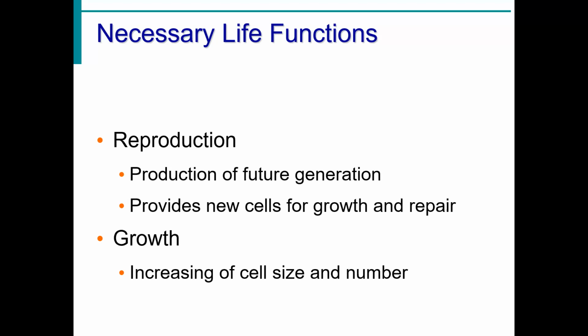So not too long ago, we looked at these processes of reproduction. We looked at how our bodies generate new cells through cell division. We talked about the cell cycle. So we're producing new cells because we understand that our cells do not have an infinite lifespan. And so our bodies must have the capability to produce new cells for continued growth and repair.